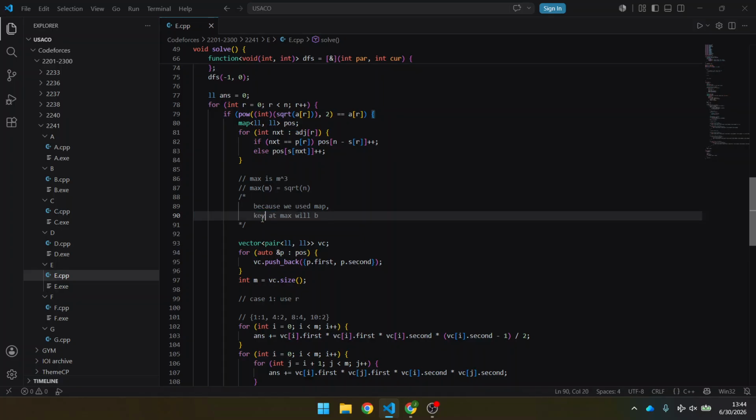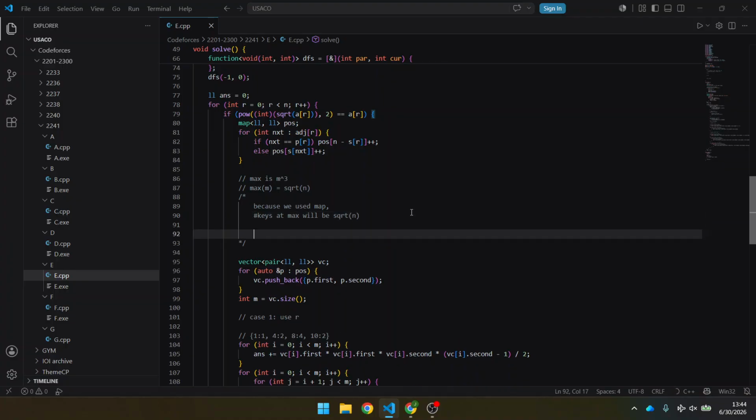Keys at max will be square root n num keys, right? Because for example, if you have key of one, a subtree size, how do I explain this?